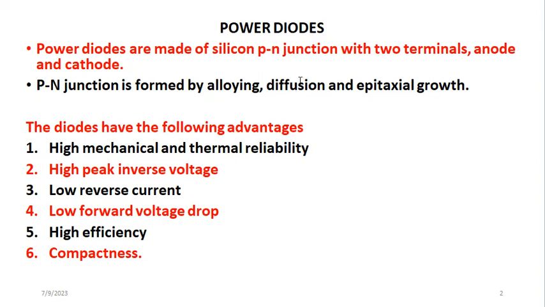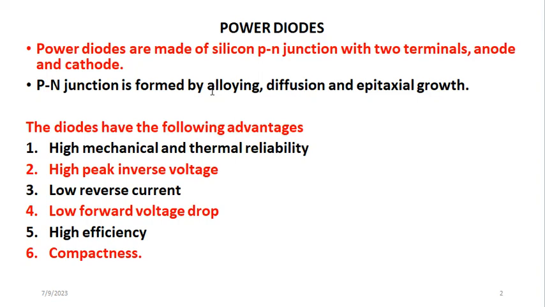So we diffuse the group 5 element into the pure silicon on one side and diffuse the group 3 element on the other side. Then on one side we have P-type material, and on the other side N-type material. The epitaxial or growth process is a process where you grow one layer of N-type, and on top of it you grow the other layer, which is P-type.